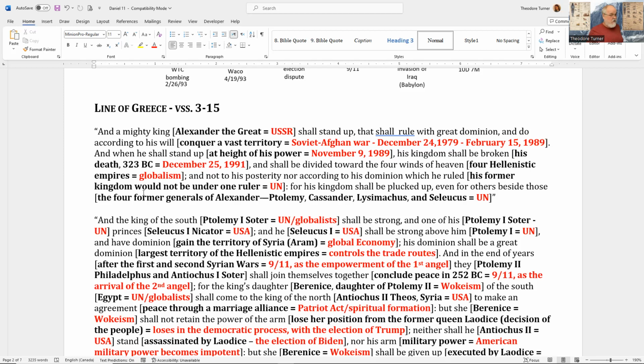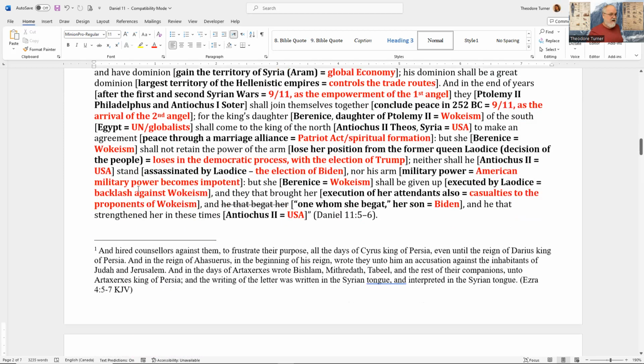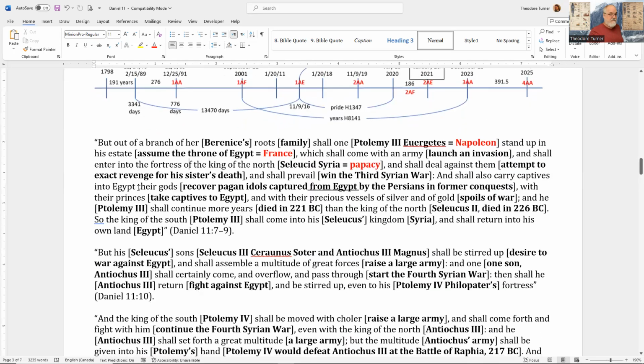So we wouldn't go back here in these lines and put Napoleon and France, though those histories do parallel our history. What happens in 1798 parallels what happens in 1989.